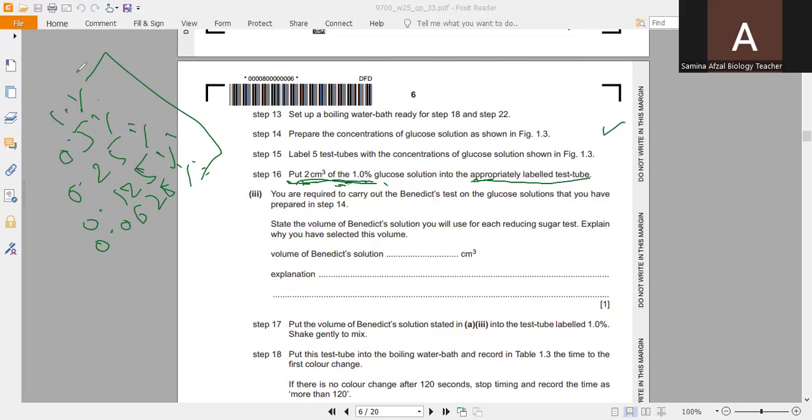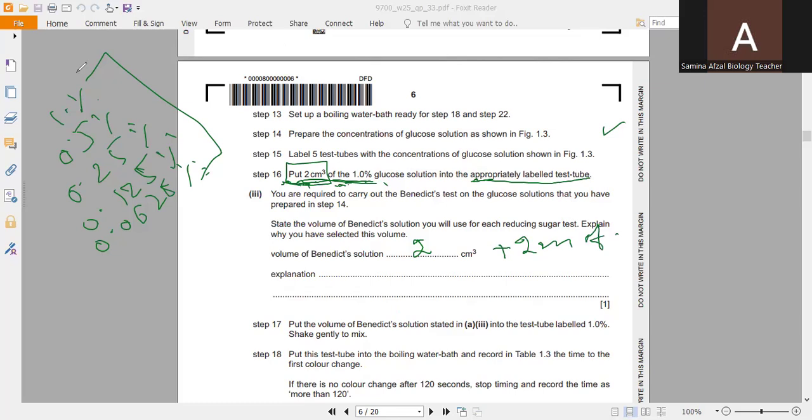So the volume of Benedict solution which you will take at that time, suppose you are taking 2 cubic centimeters. Now you will add 2 cubic centimeters of that solution which you have taken. The amount which you are taking for this test, you will add the same amount of Benedict solution into it.